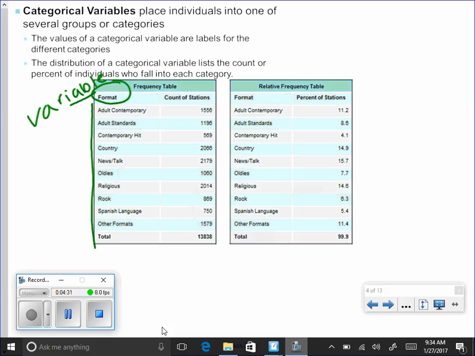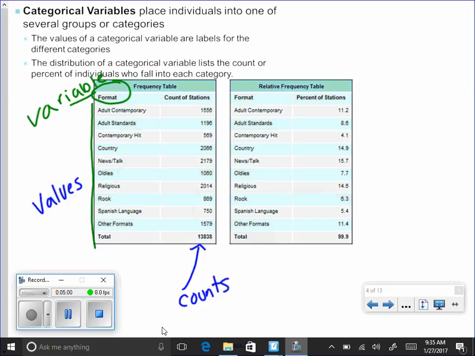These are actually the values that the variable takes on. The distribution would be your counts. How many radio stations fall into the country category? It's 2,066. It just tells you how the stations are distributed throughout the different types of stations.